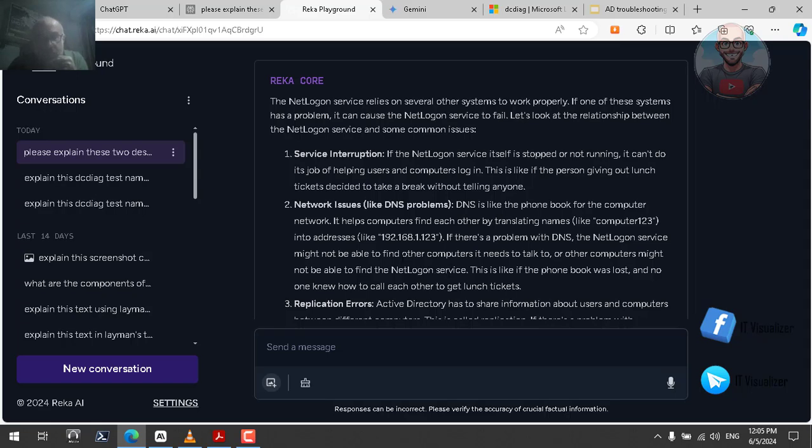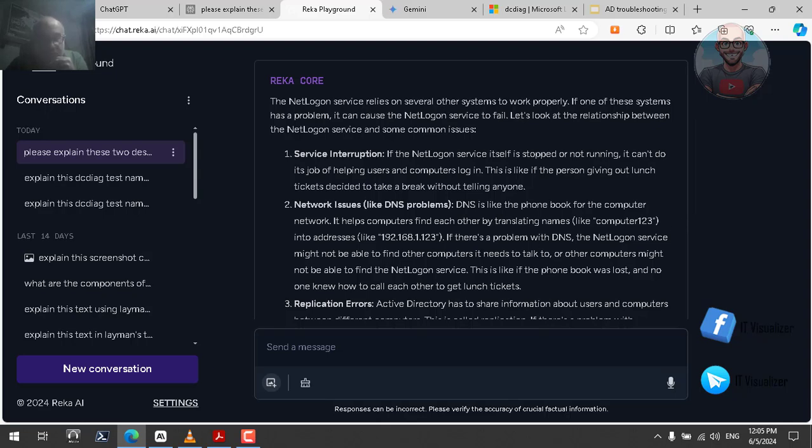Okay, correct. They will try and do not try to reach the domain controller that contains the Netlogon service. So this is one of the things. But the test is testing the Netlogon service. So, for example, maybe a Netlogon service is trying to communicate with a Netlogon service on another domain controller.